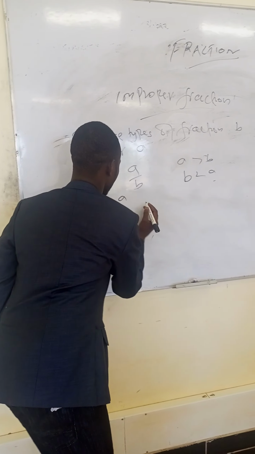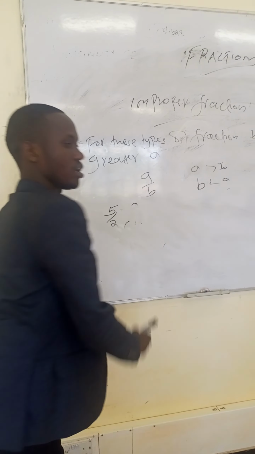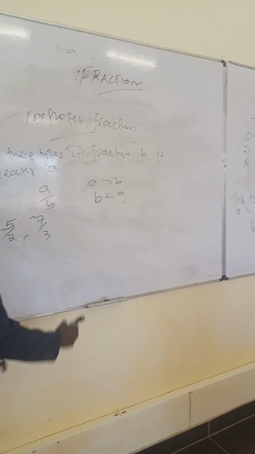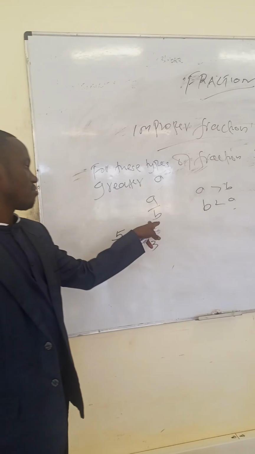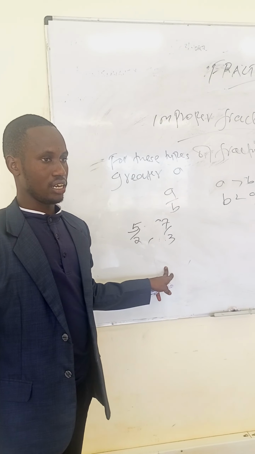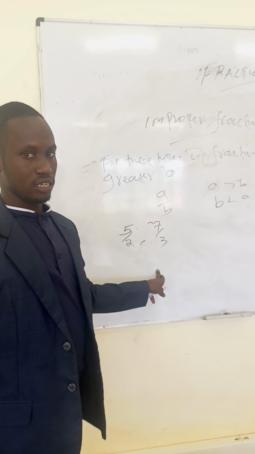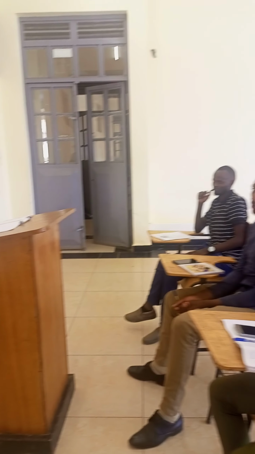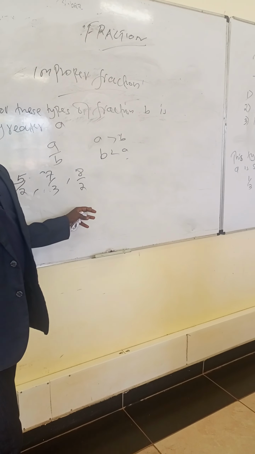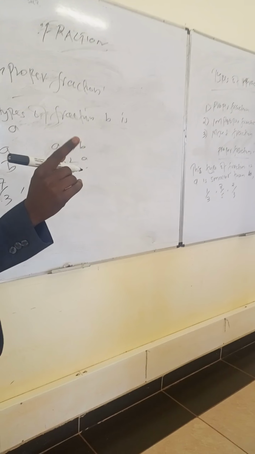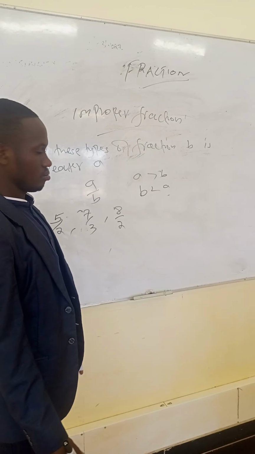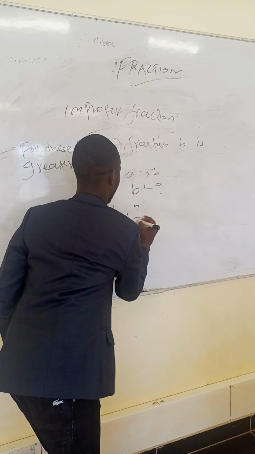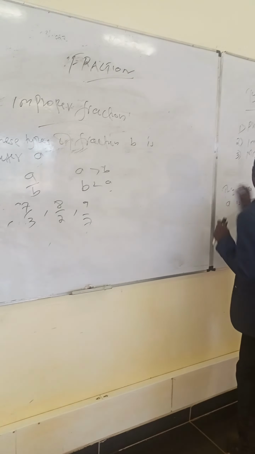Yes. Another example: 7 over 3. 7 is greater than 3. Are we right? Yes. 8 over 2. 8 is greater than 2. That means we are right. 9 over 7.